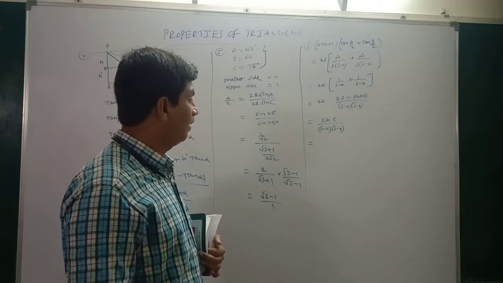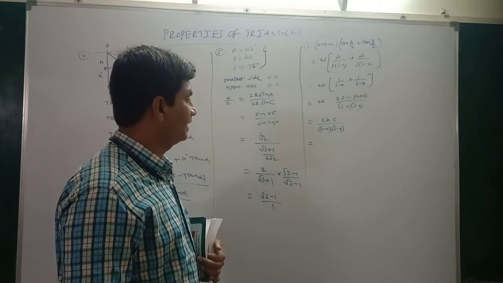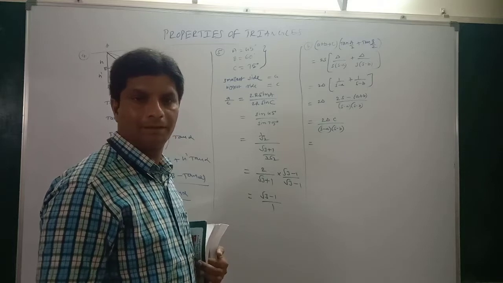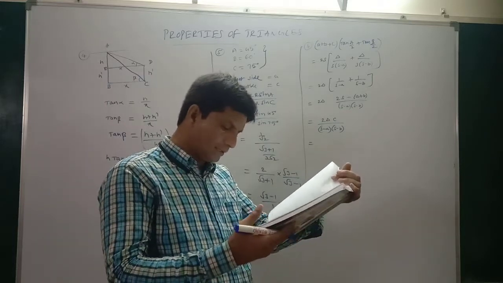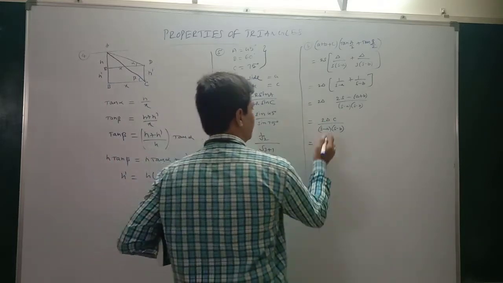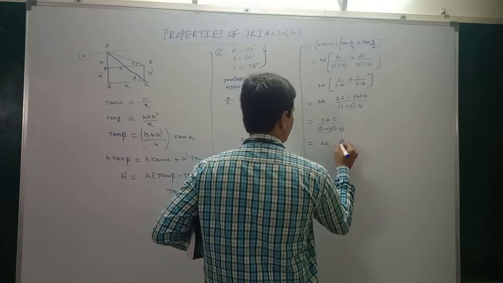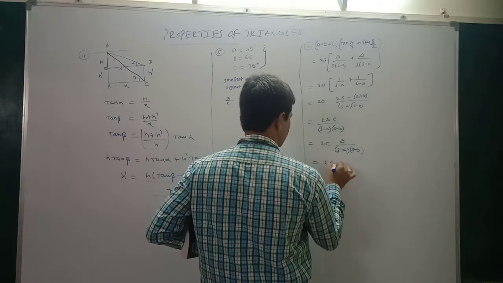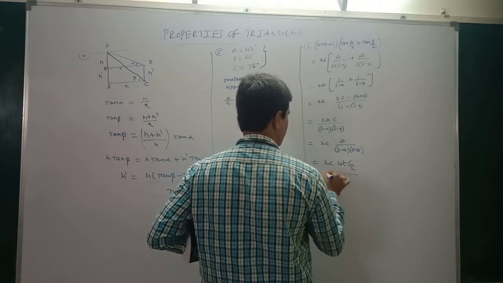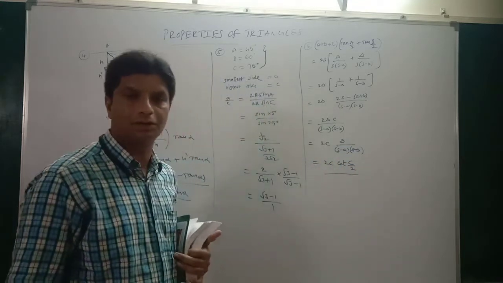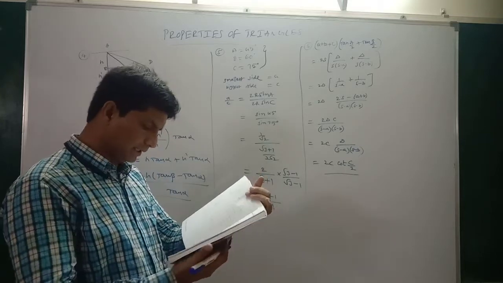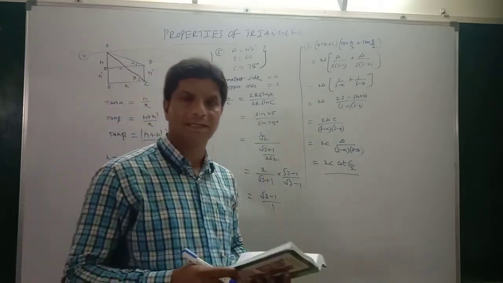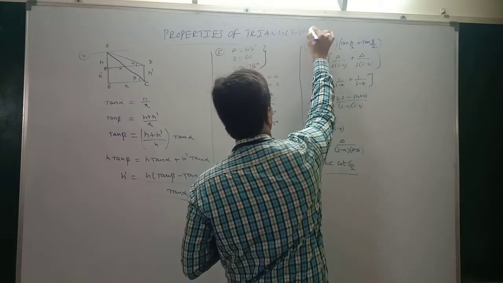So what is the value of delta by (s minus a) into (s minus b)? What are the options given there? 2c cot C by 2. So that means obviously this is 2c into delta by (s minus a) into (s minus b). This is obviously we know this formula, cot C by 2. Understood? Right? So this is the way how to do this one. This is problem number 6.